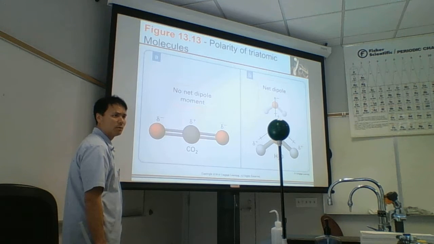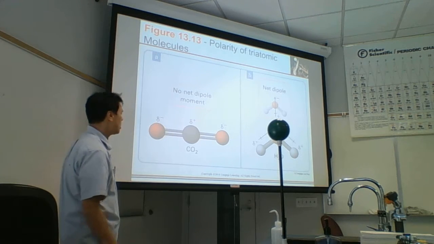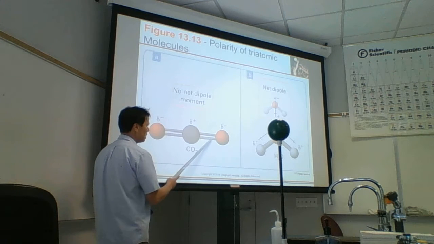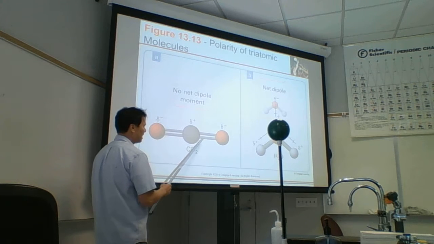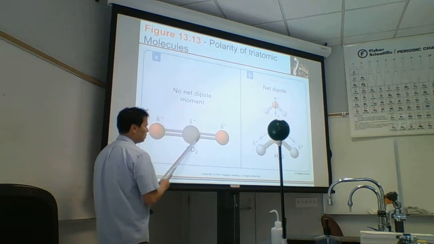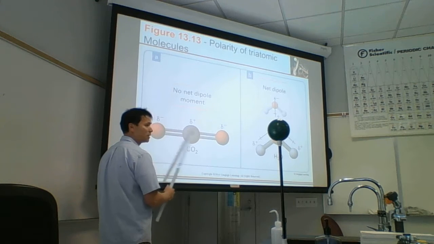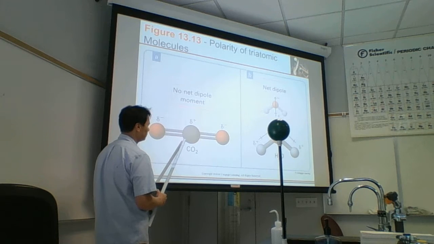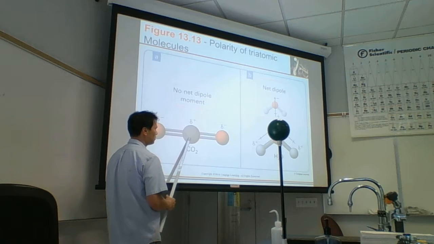Are the bonds nonpolar or polar in CO2? The bonds are polar. The reason why CO2 is nonpolar is because the net is 0. One's pulling to the right, the other's pulling to the left. They're equal and opposite, so they cancel each other out. There's no net dipole. Even though they're polar bonds, it's a nonpolar molecule.